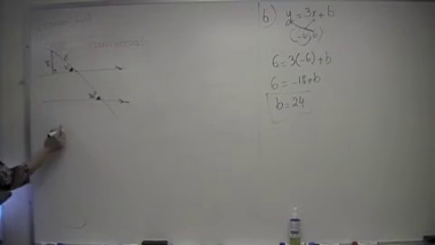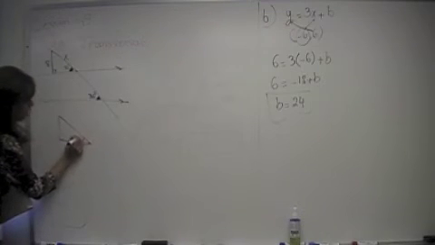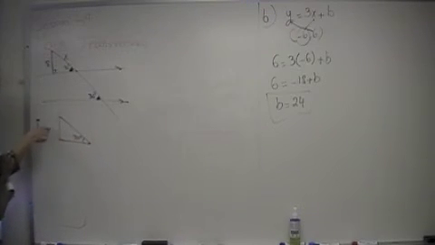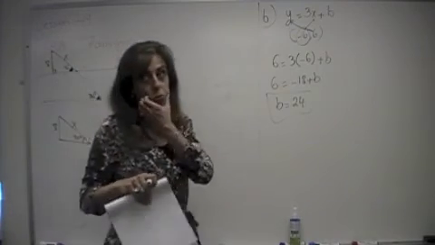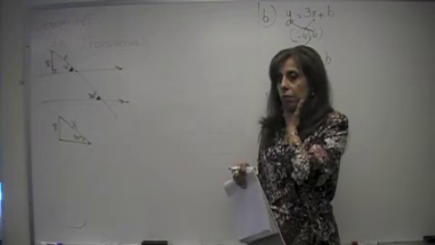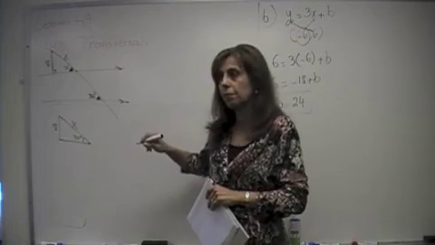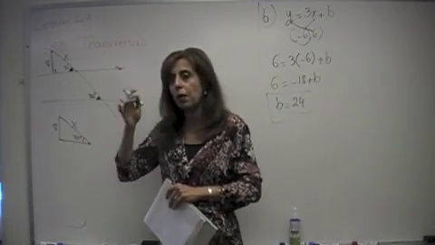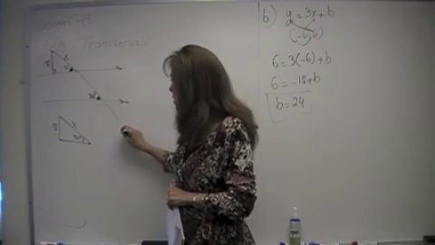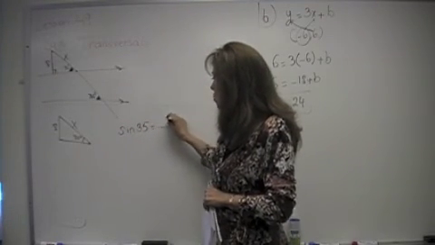So here we now have a right triangle with 35 degrees. I know the opposite side of my angle, which is 8, and I'm asked to find x, which is my hypotenuse. Which trigonometric function can I use? I have opposite and hypotenuse. Pythagorean theorem? No. Sine, cosine, or tangent? Which one do I have to choose? Sine. Sine of 35 equals 8 over x.